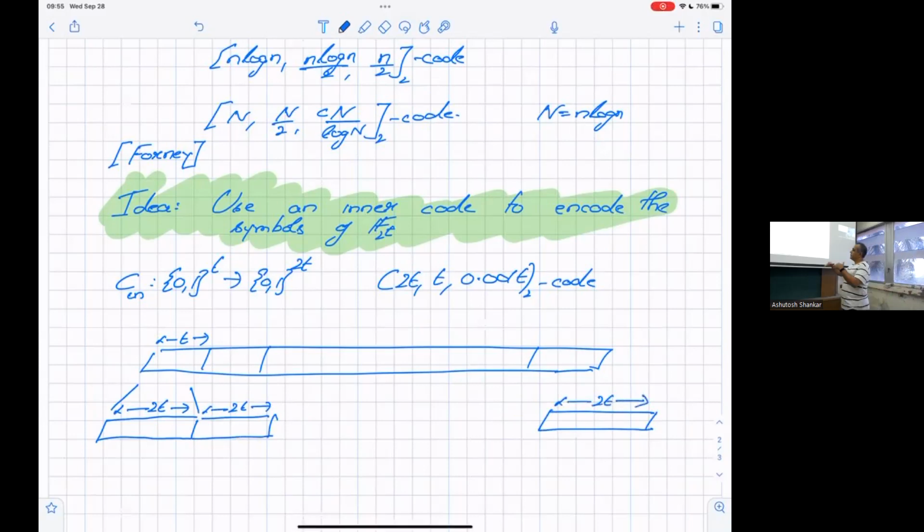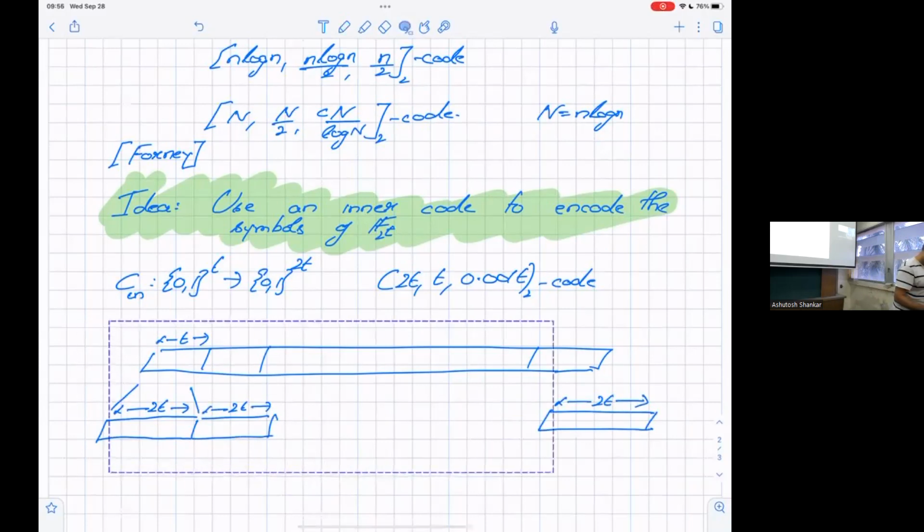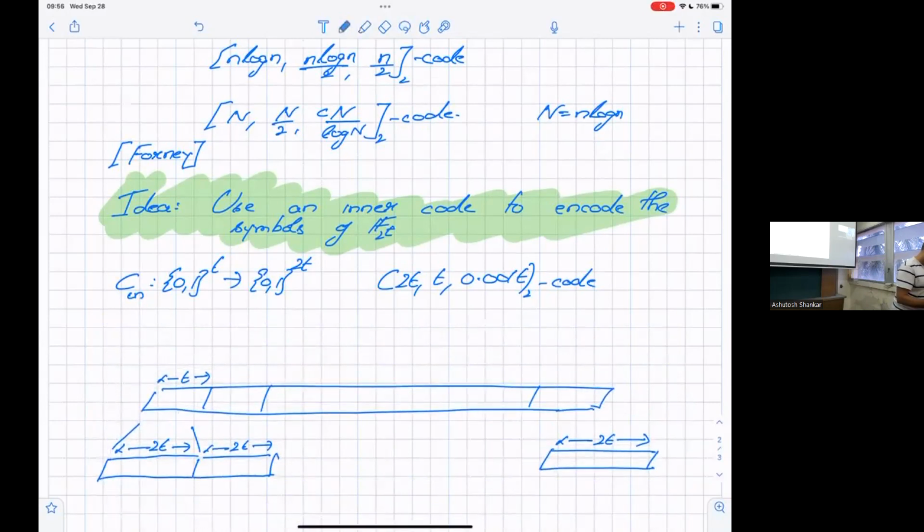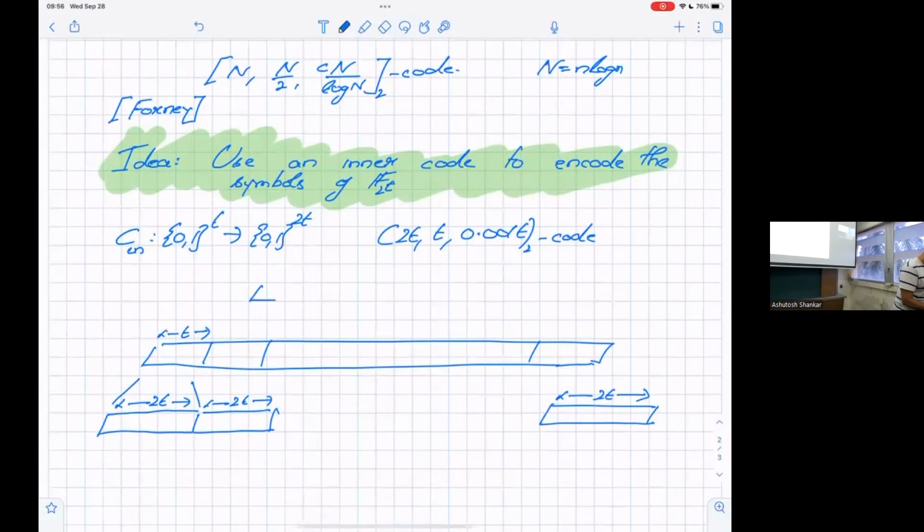So in some sense, what's happening? We started off with an n by 2, each of T bits long.